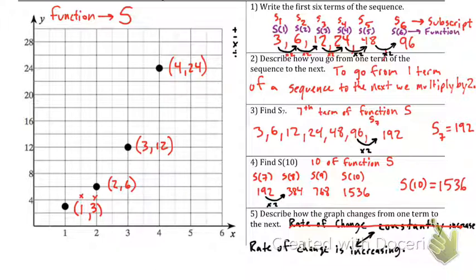Okay, that's all we can say right now. Rate of change is increasing. It's not constant. Okay, it doesn't change like a line. It doesn't look like a line. So rate of change is increasing.